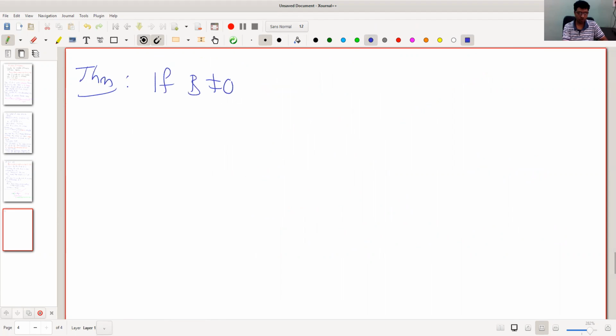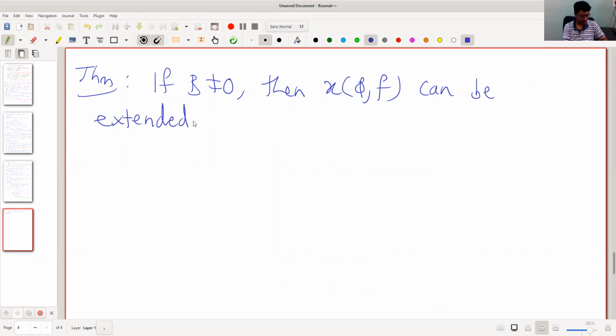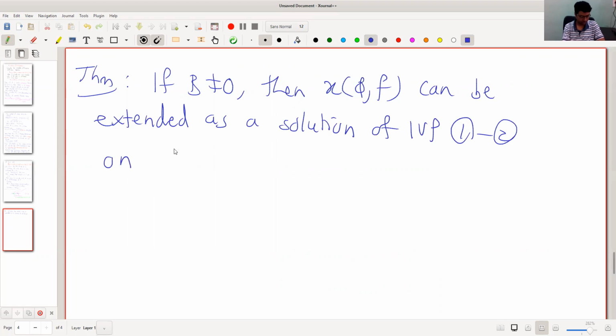If b is not equal to 0, then the solution x phi f can be extended as a solution of IVP 1, 2 on minus r minus epsilon to infinity, where this epsilon is positive but smaller than or equal to r.